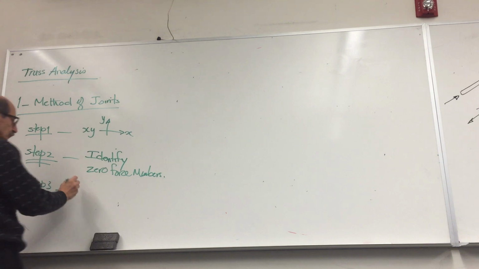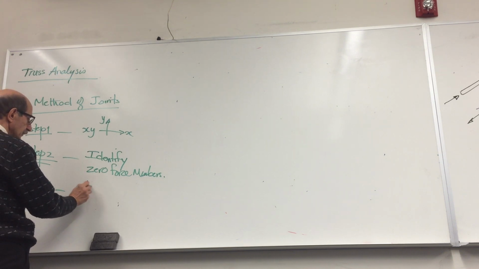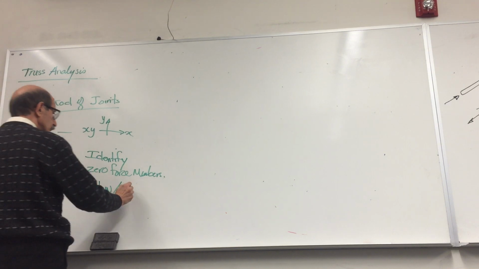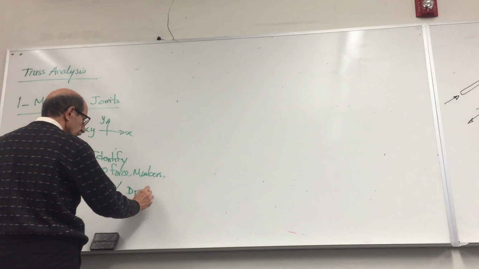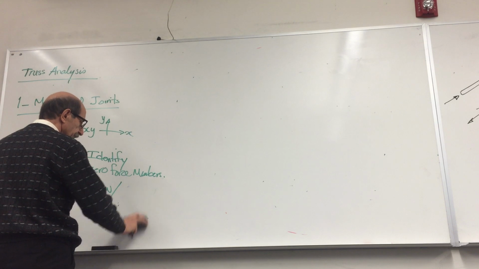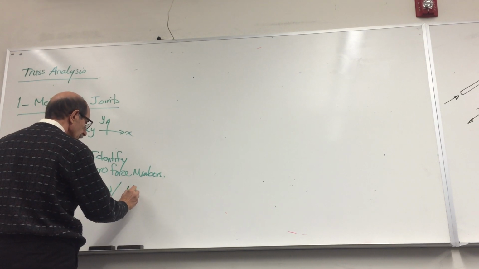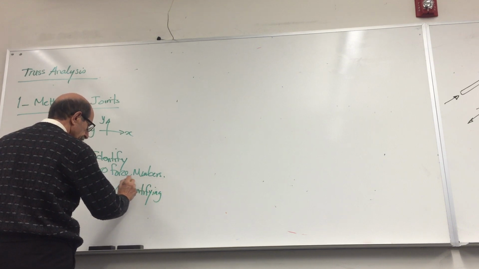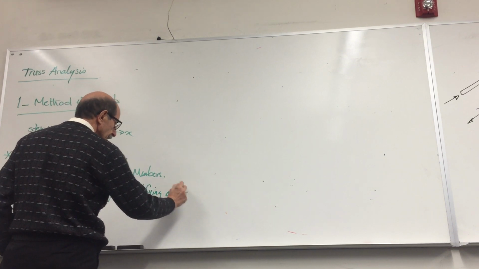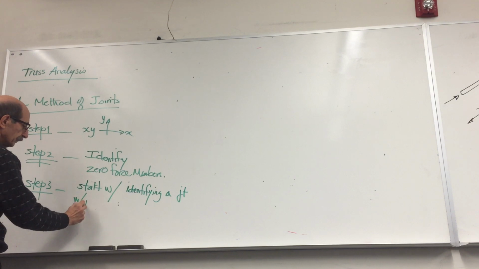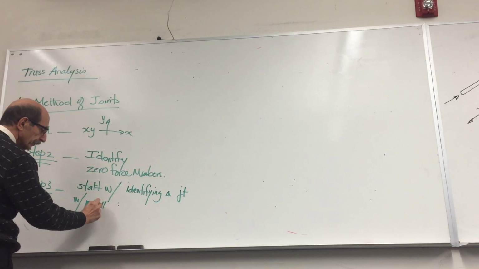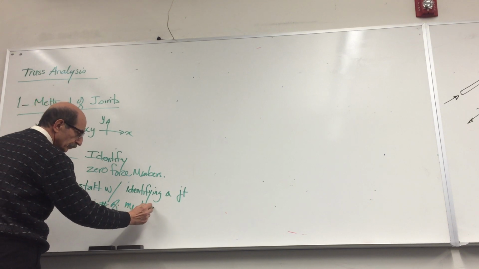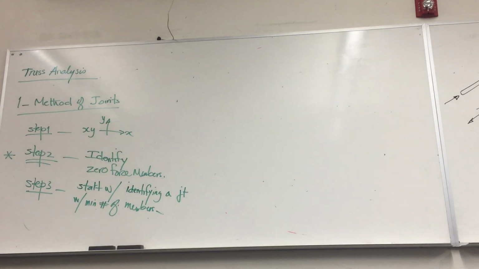In trusses, you basically start with not actually drawing, but identifying a joint with the minimum number of members coming to that joint.